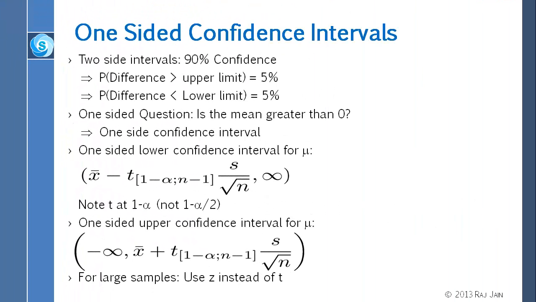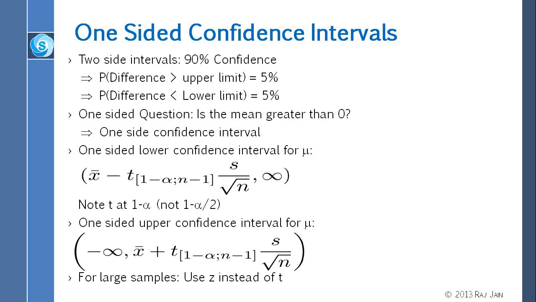Now we go to the one-sided. In some cases, you don't want to take a 5% chance on this side and a 5% error on the other side. In some cases the error on the other side doesn't matter, and the error on one side is the only thing you care about. In that case, you use one-sided confidence intervals.